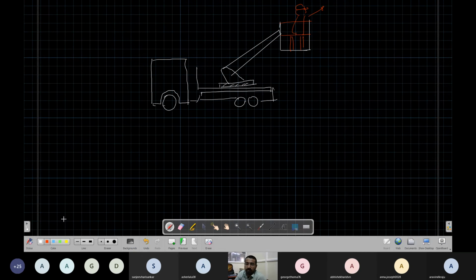Let's say the weight of this person is 80 kg. And let's say the height of the center of this person from the ground, this is the ground, is 2.5 meters, something around that.